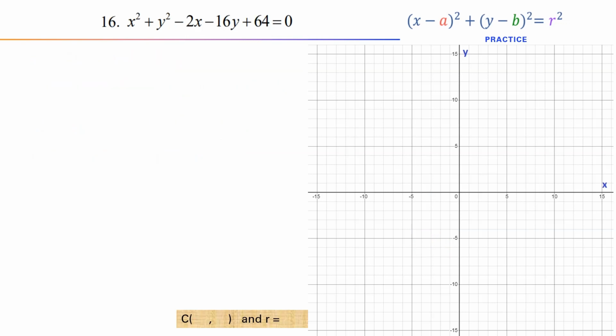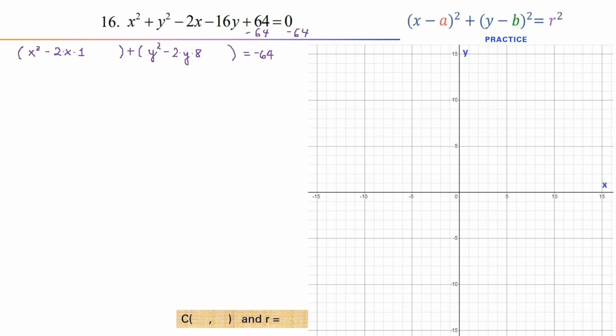Similar for this question, so we rewrite it. We group x together. Now minus 2 times x times 1. Then we add y squared minus 2 times y times 8 equals, subtract the 64 from both sides, so minus 64.